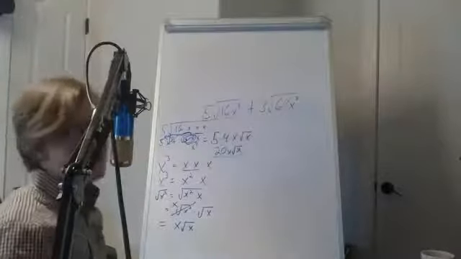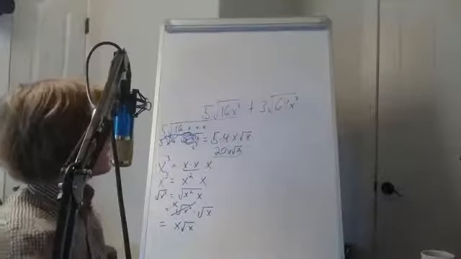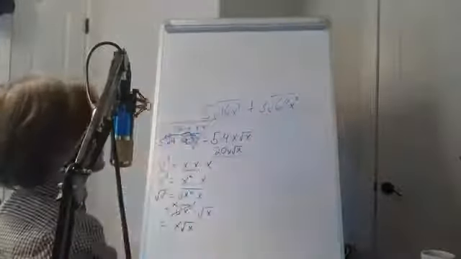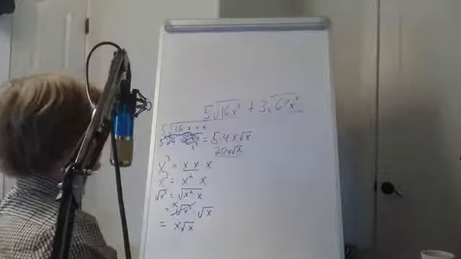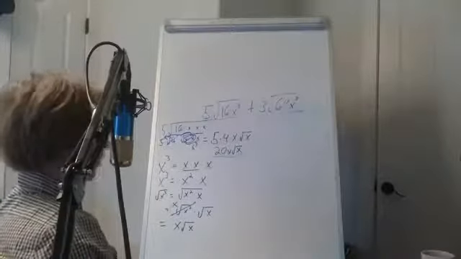Next, we need to simplify 3 times the square root of 64x cubed.